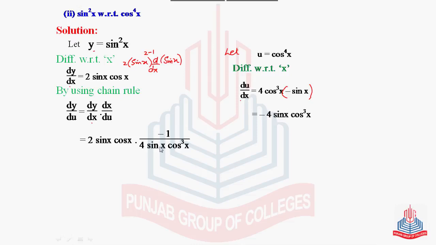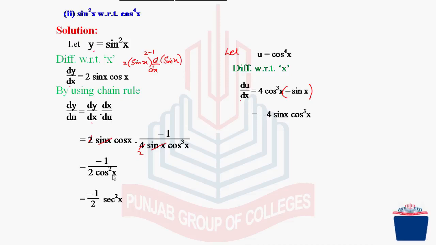By simplifying this, 2 over 4 is 1 over 2. This sin x will be cancelled with this sin x, and cos x, divided by cos cube x, will become cos square x, and this is dy by du. Finally we have dy by du is equal to minus 1 by 2, and 1 over cos square is actually secant square x.